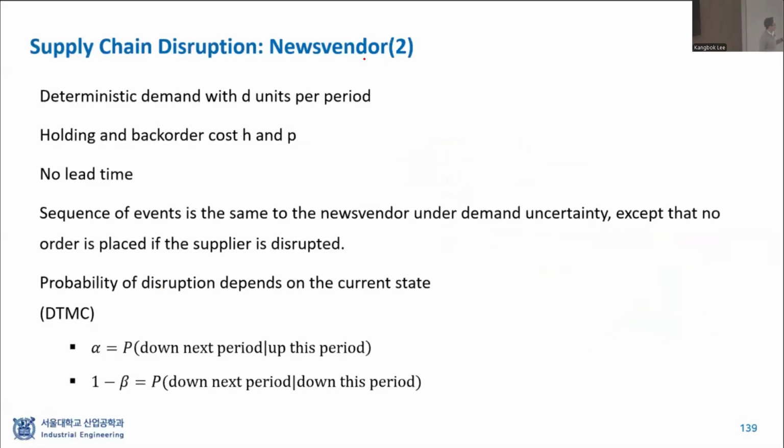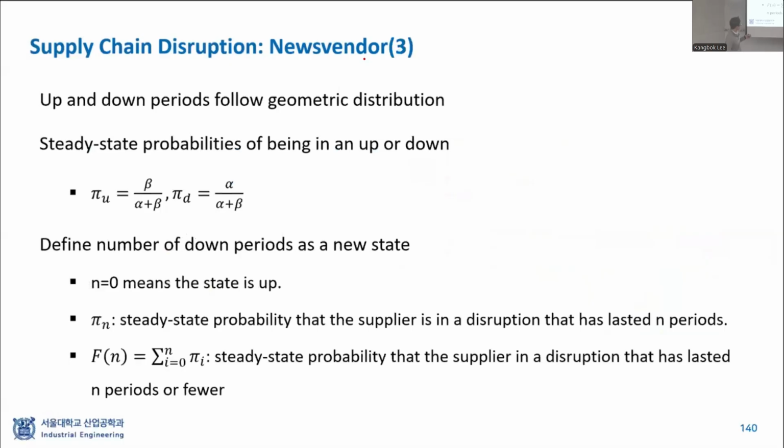It turns out that by applying this discrete time Markov chain structure, I can capture a quite similar function f(n), which depicts the steady state probability that the supplier's disruption has lasted n periods. So here, f(n) does not refer to the customer demand. It refers to the number of periods that the supplier is in downtime, under disruption.